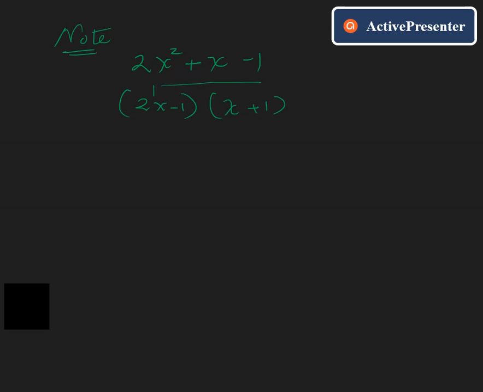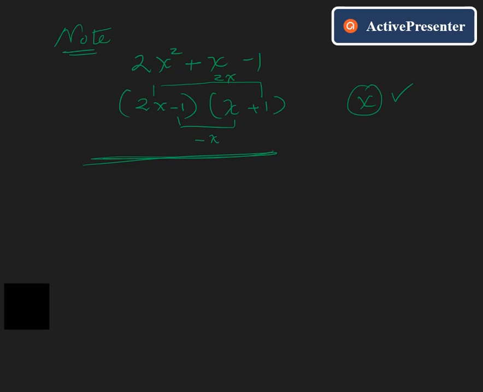If you check the outer, we will have 2x. If you check the inner, we will have minus x. Add them together, you will get x, which is the middle term. Also 2x and x, if you multiply together, you will get 2x squared. Then your factorization is correct. Again, do not let your math teacher fool you.